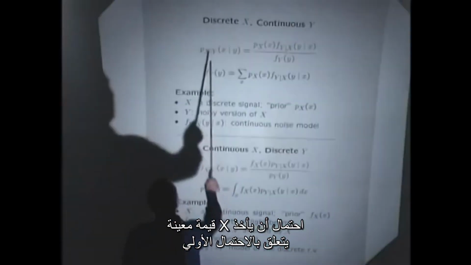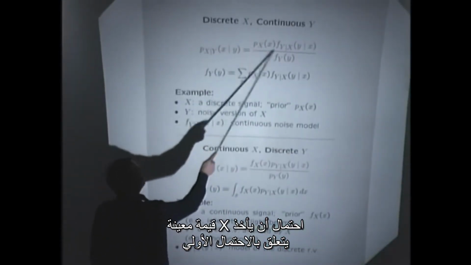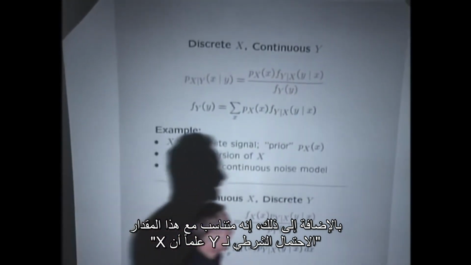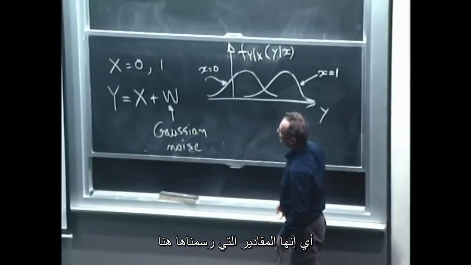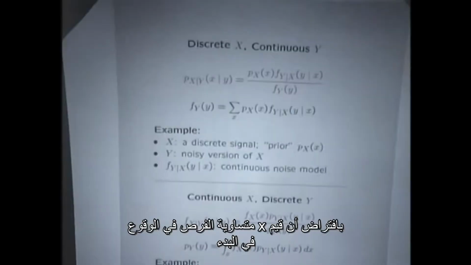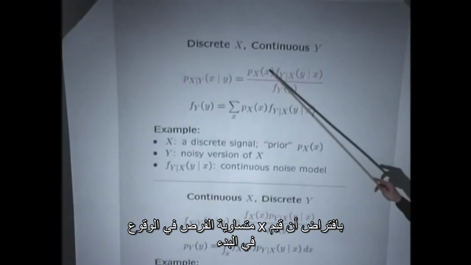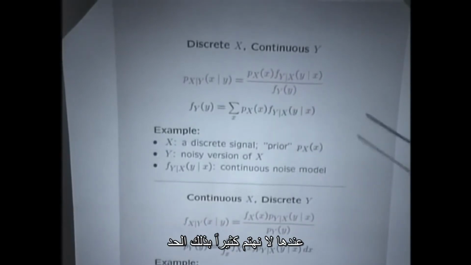The probability that x takes on a particular value has something to do with the prior, and other than that, it's proportional to this quantity, the conditional of y given x. So these are the quantities that we plotted here. Suppose that the x's are equally likely in your prior, so we don't really care about that term.